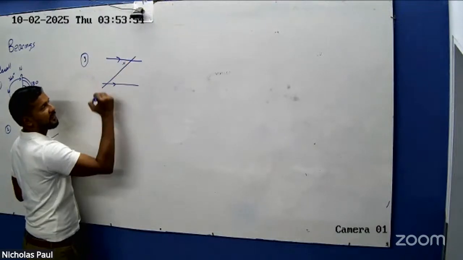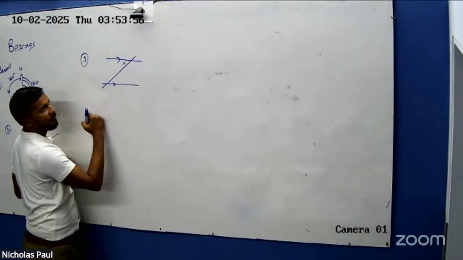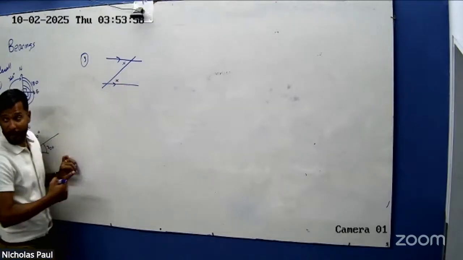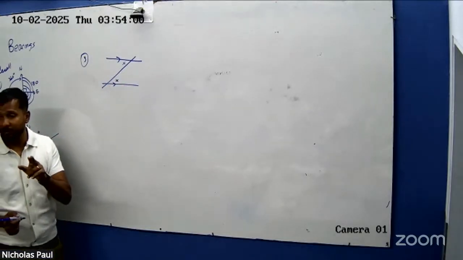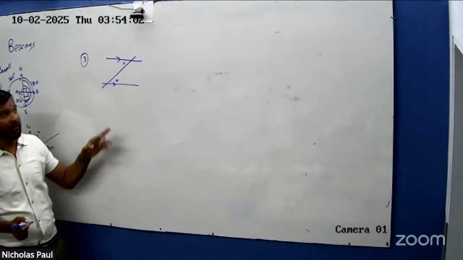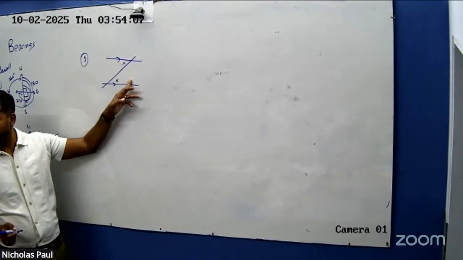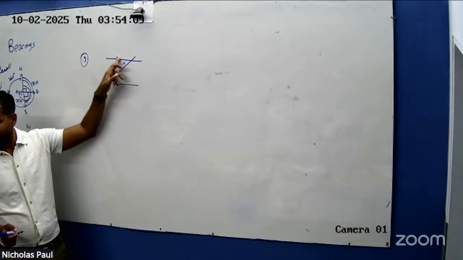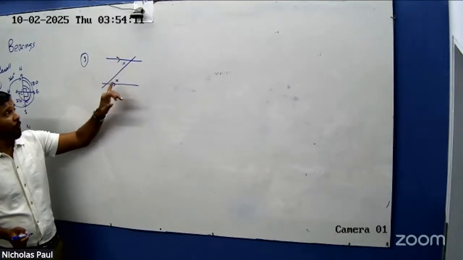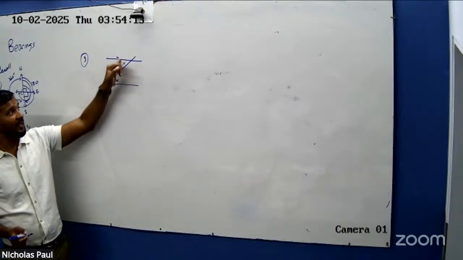Here's X. What do we know about here? X as well. So once you form this Z, these opposite angles here are equal. Here will be equal to here.